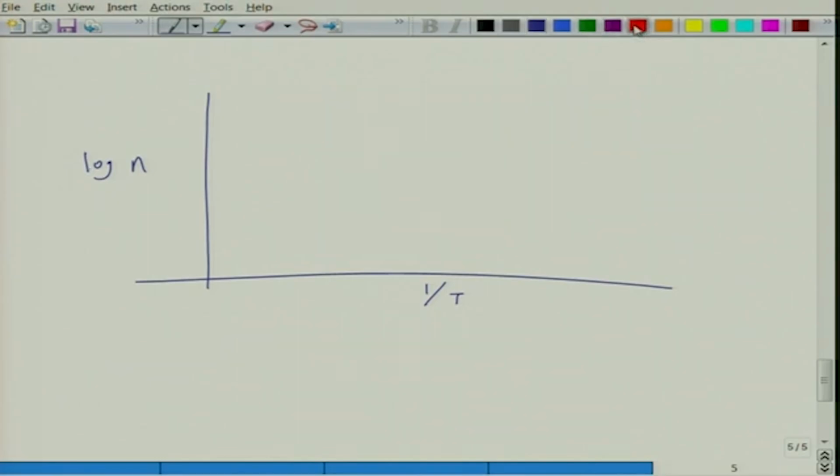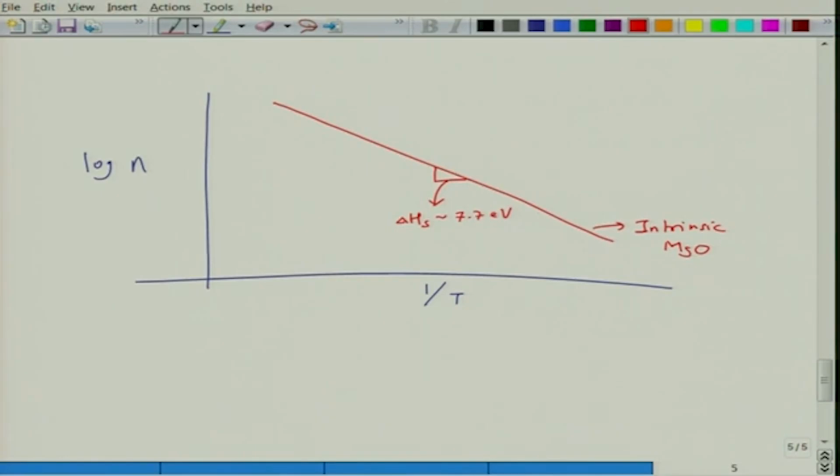For an intrinsic solid, we see an exponential relationship. As you increase the temperature, the concentration will increase in an exponential manner. This is for intrinsic MgO, and the energy will be given by this slope. This gives me delta Hs of approximately 7.7 eV.